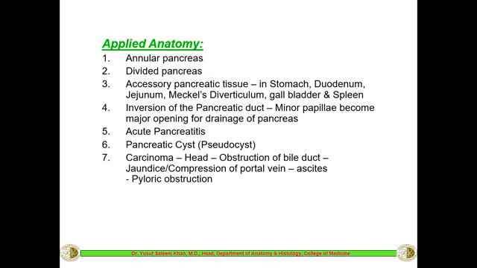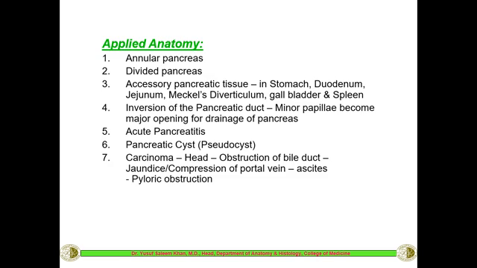The pancreas is also very notorious for the development of carcinoma, especially of the head of the pancreas, which might lead to obstruction of the bile duct, non-drainage of the bile juice, and that leads to jaundice.